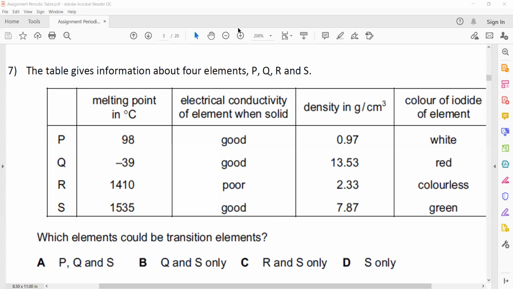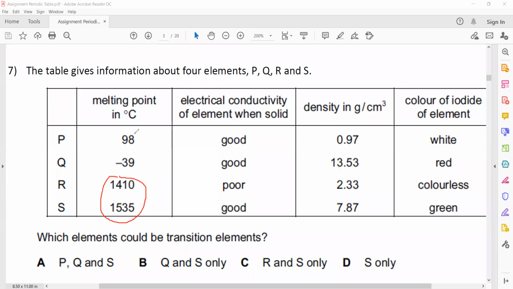First thing, you have to check the melting point, okay? So when you check the melting point, these are high melting points.